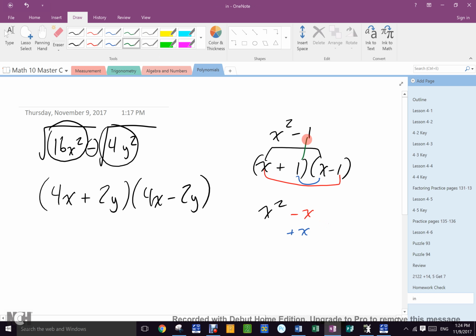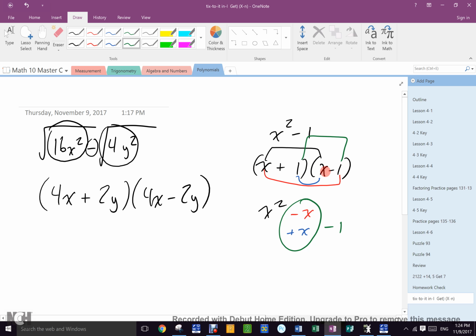And 1 times negative 1 gets me minus 1. What happened right there? They disappear. So in order for there to be no middle term, I have to have plus and minus the same thing. Cool? Everybody can do this one, right? Everybody remembers, that's the basic rule.